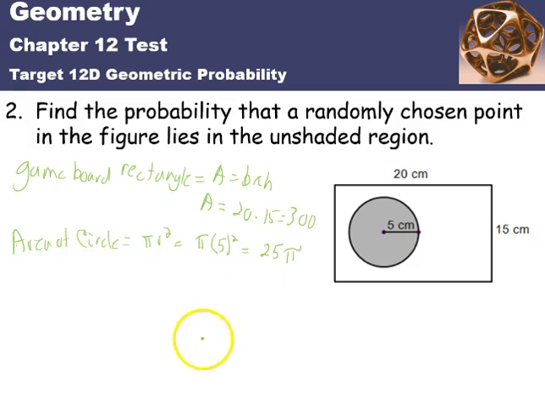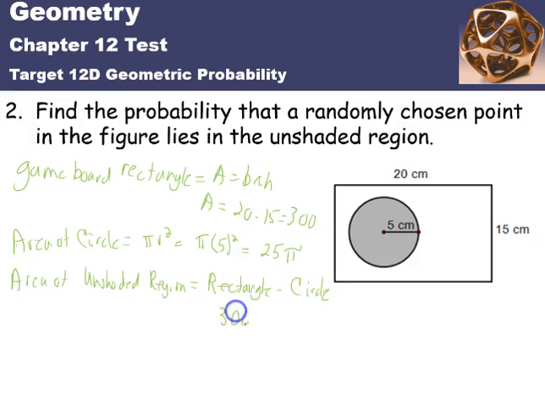Okay, so the area of the unshaded region will be the rectangle minus the circle. So that would be 300 minus 25 pi. And again, I'm going to leave that until the very end.